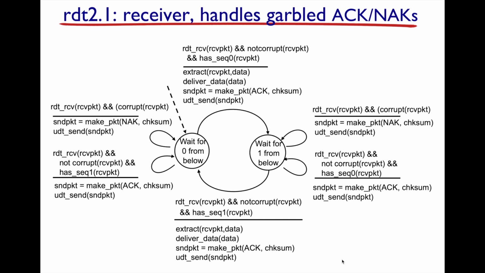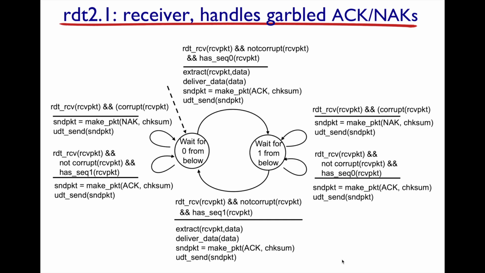It's wait for 0 from below because the first thing that our receiver is waiting for is that packet stamped with sequence number 0. And so it's going to look at its network layer and sit there waiting for the event that occurs when the network layer has new segment data available for it. So we have that start state. It waits for 0 from below, and then it waits for 1 from below.